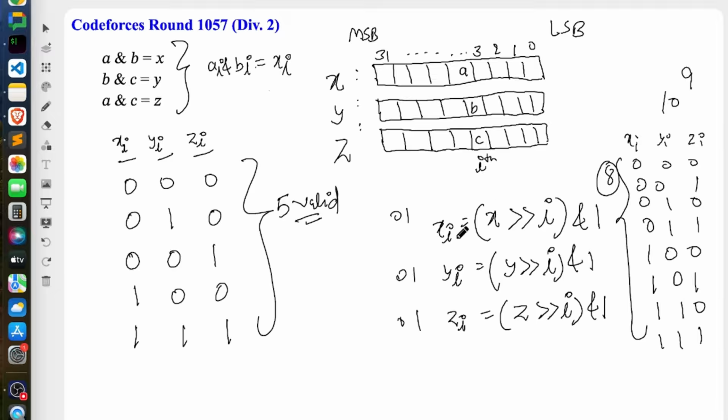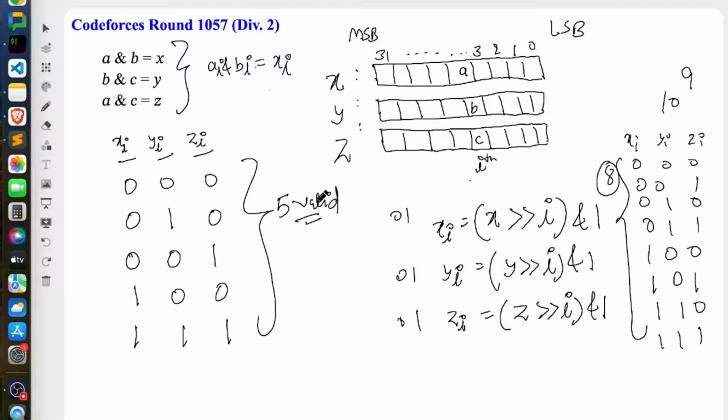So first find xi, yi, and zi, so the ith bit of x, y, and z. Check if they are a part of these, I mean any one of these 5 ways, then the ith bit is valid.